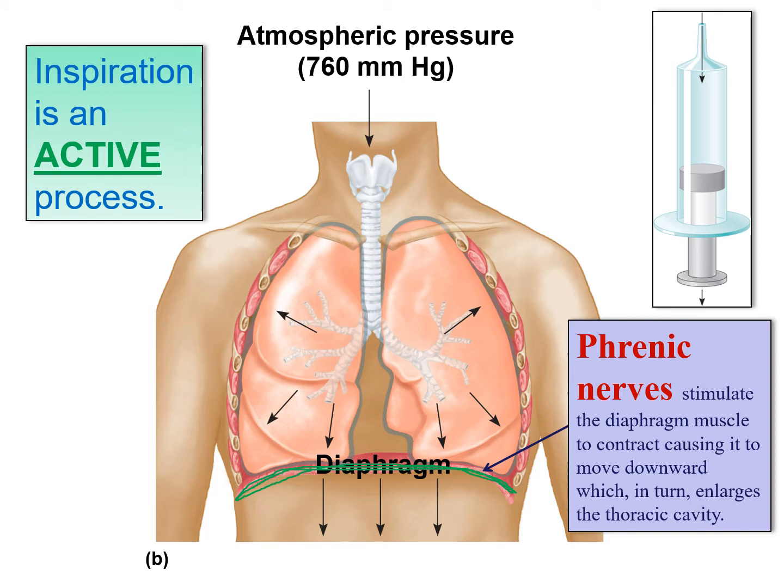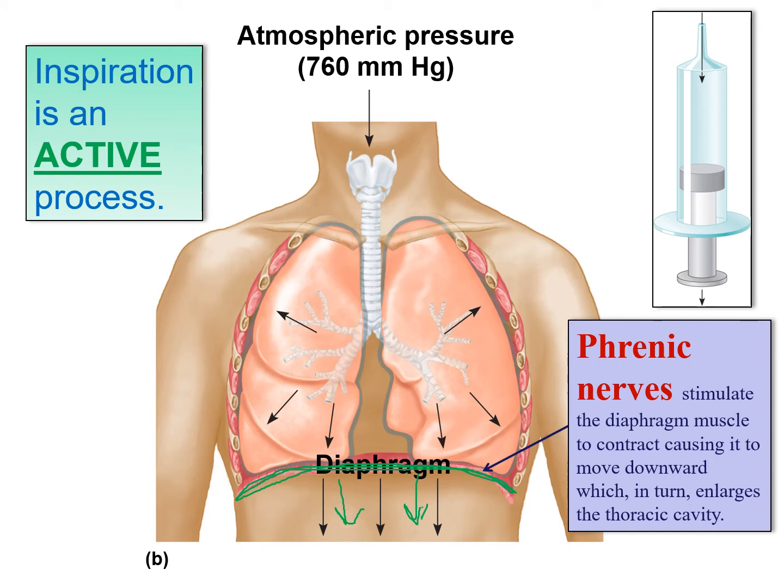Now, normally, at rest, the diaphragm has this somewhat shallow arching shape to it. But when the phrenic nerves stimulate the muscle of the diaphragm, as the arrows show, that diaphragm is going to move downward. Now let's look at an analogy here in the upper right hand corner. We have a syringe. You all are familiar with syringes pretty much. And the plunger here, if we were to pull down on the plunger, we would create a vacuum, wouldn't we?